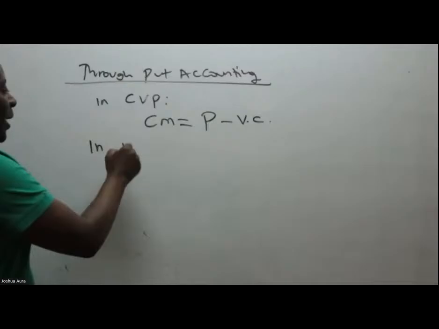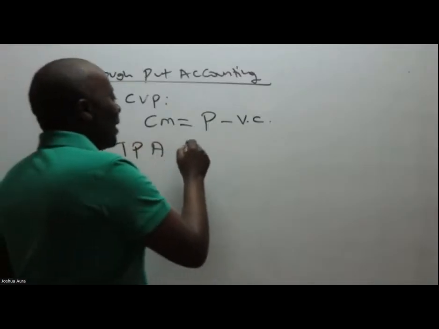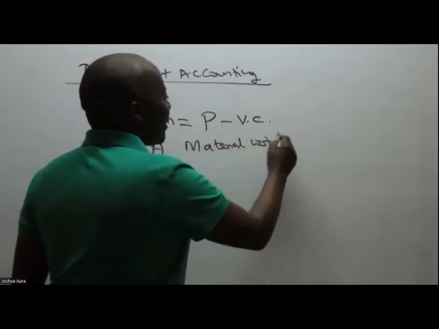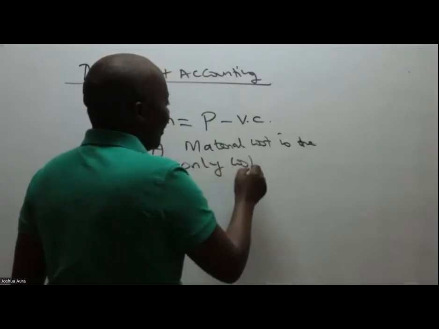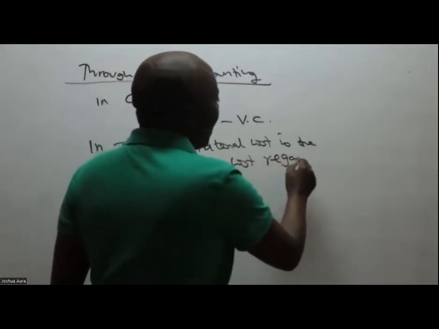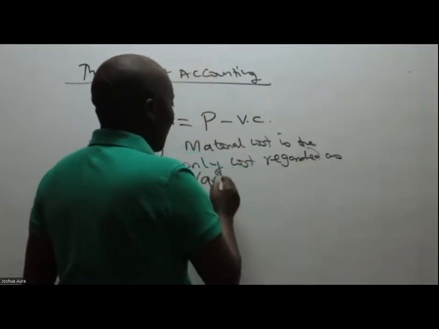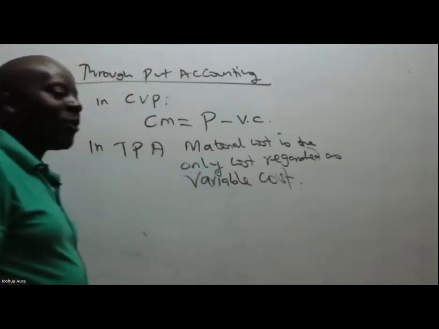In TPA, throughput accounting, material cost is the only cost regarded as variable cost.